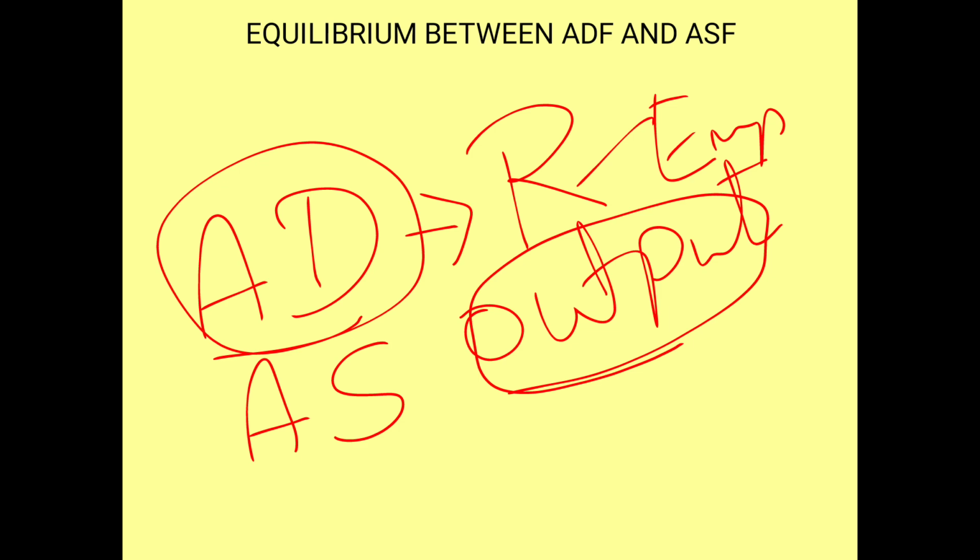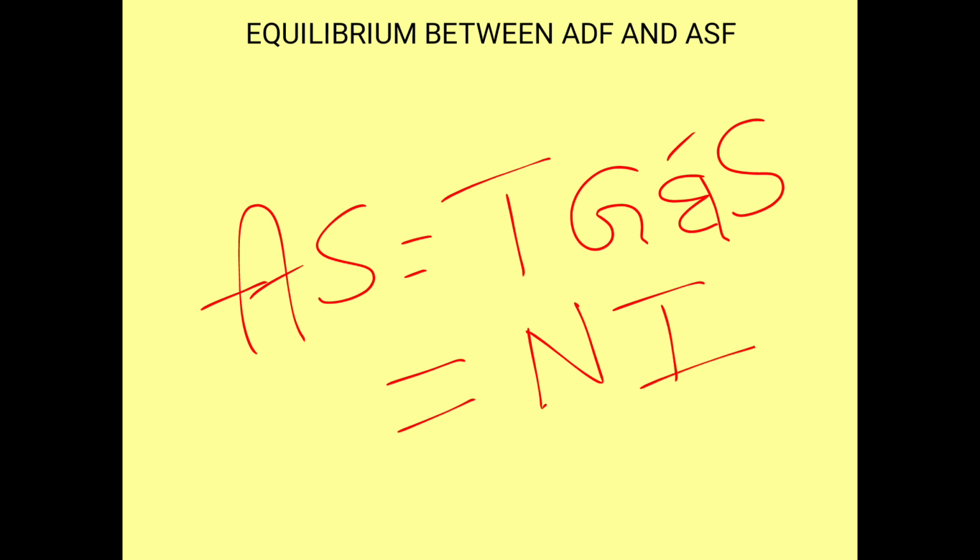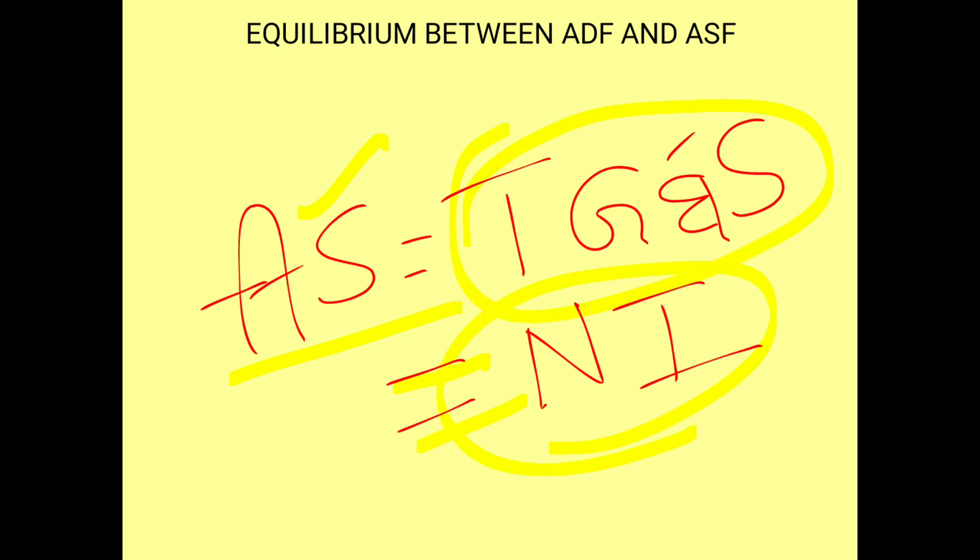What does aggregate supply tell you? Aggregate supply tells you that the total goods and services should be equal to the national income, because as the products are being produced, they have to be brought out into the market and sold.